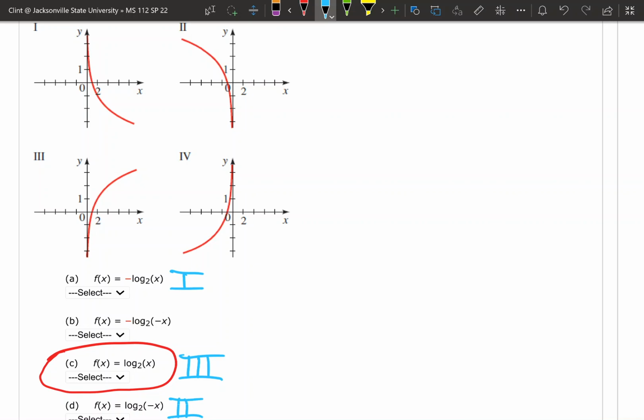And then B, we've got a minus sign out in front, and we've got a minus sign inside with the x. So we're starting with this one. We're flipping top and bottom because of the minus sign out front, and then we're flipping left and right. So we're going to end up with a shape like this. So that one is 4.